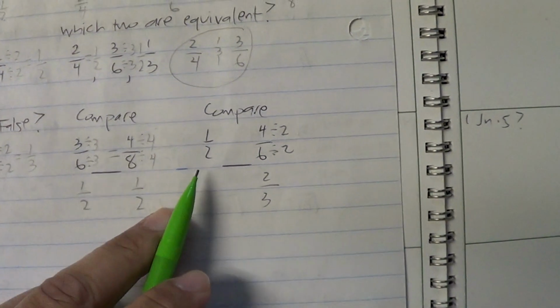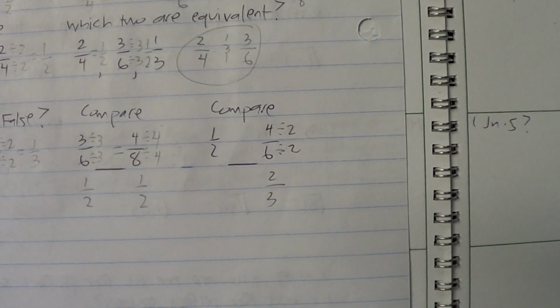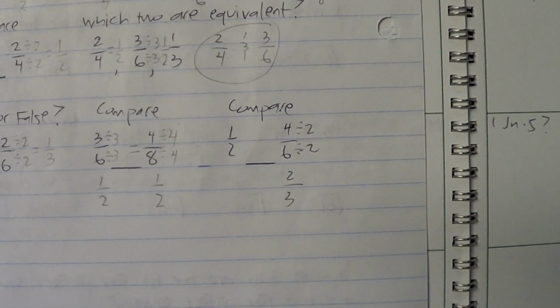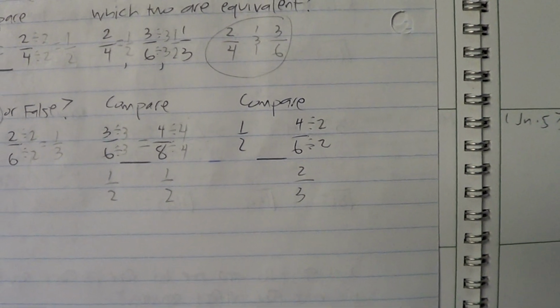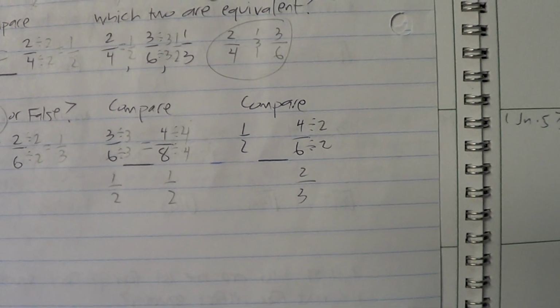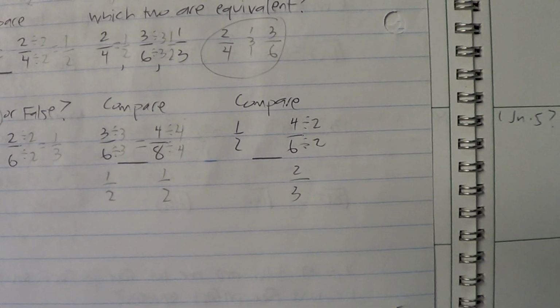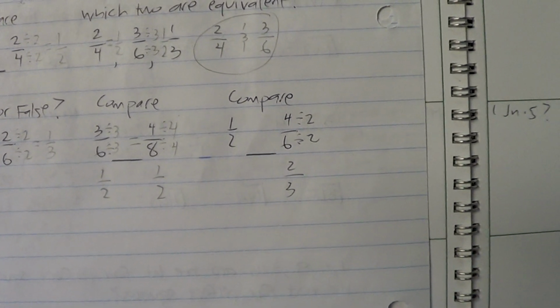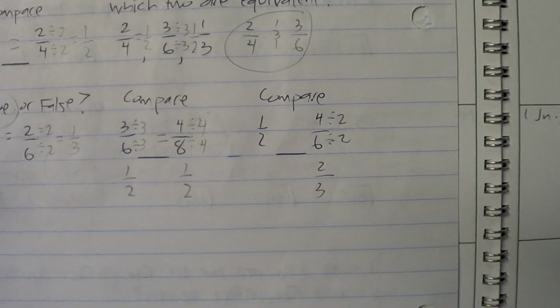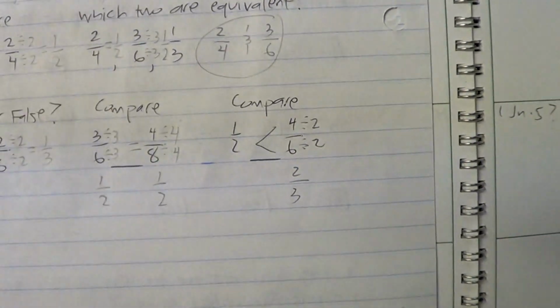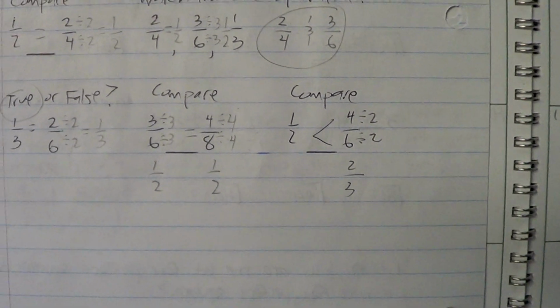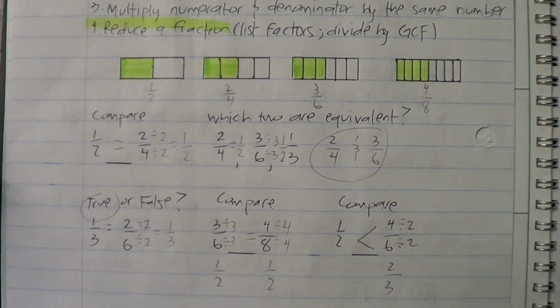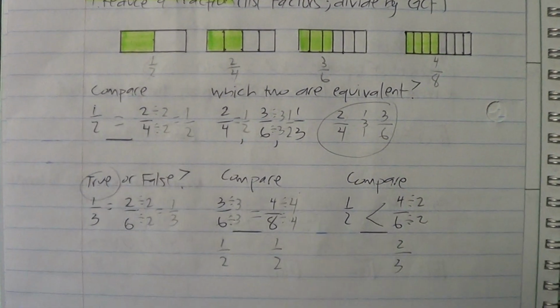Now you may not be able to tell just by looking at these two fractions, and that's where the manipulatives would help a lot. Or feel free to draw them out and see which one's bigger. Based on that, we would know by looking at the manipulatives or by drawing it out that 2/3 is larger. And there you have it. That is equivalent fractions. Hopefully that is helpful.